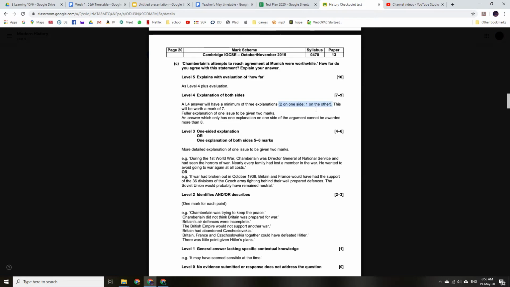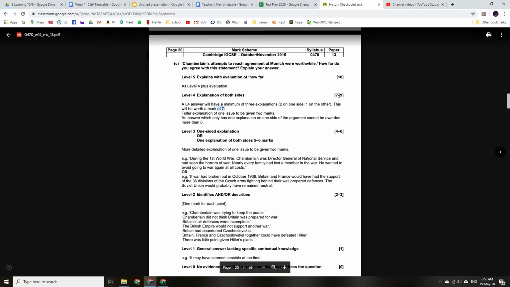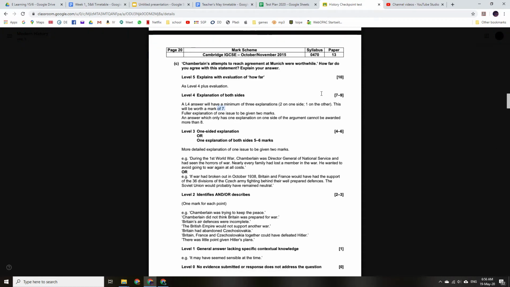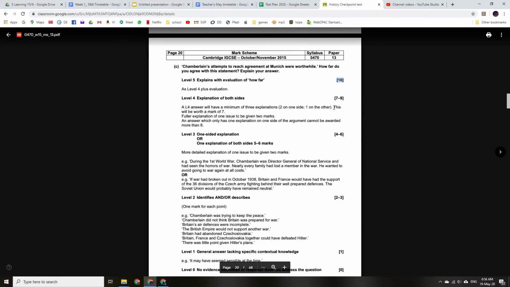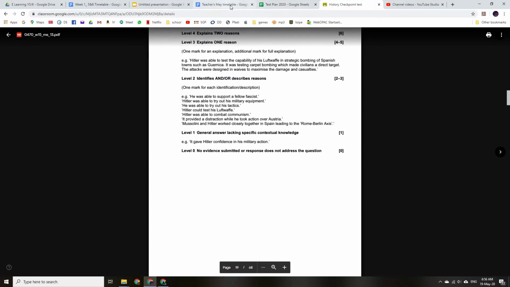If you have a very weak one, but you still have arguments and actual explanations, you will get a total of 7 for weak ones. Okay? If your paragraphs are good, they'll be 7, 8, or 9. And explaining how far, in other words, really explaining why you agree, going a little bit above and beyond, that will give you 10 points. Okay, so that is your test and how it's graded.